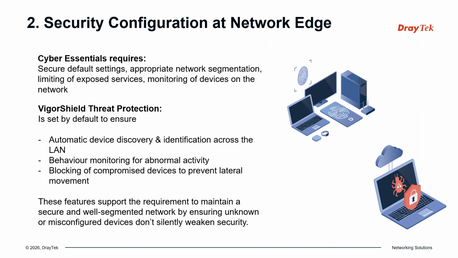Some of these are to do with how you're configuring the device, but VigorShield is set by default to ensure that you've got automatic device discovery and identification across the LAN, behavior monitoring for normal activity, and blocking of compromised devices to prevent lateral movement. So these help support the requirement to maintain a secure and well segmented network by ensuring unknown or misconfigured devices don't silently weaken the security.